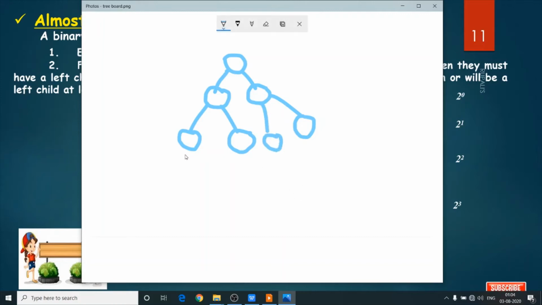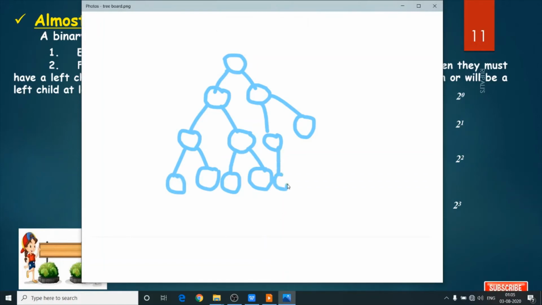Now see this level. Is this one an almost complete binary tree? No. Is this one? No. Is this one after drawing this? No. Is this one? Yes. Now, is this one? Yes. Is this one?